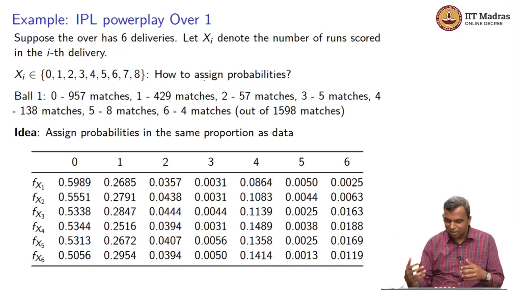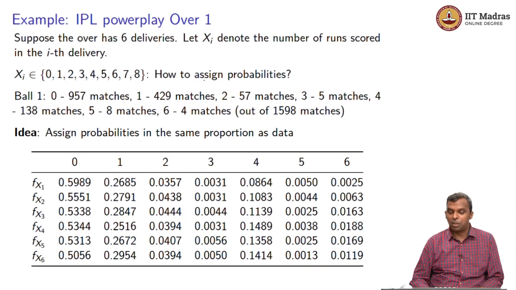And you can notice there are some subtle differences, right? For instance, a 6 is some 6 to 7 times more likely to be hit off the third or fourth ball. The fourth ball seems to be very interesting for hitting 6, right? And you can also look at boundaries. Again, the fourth ball is much more likely than anything else.